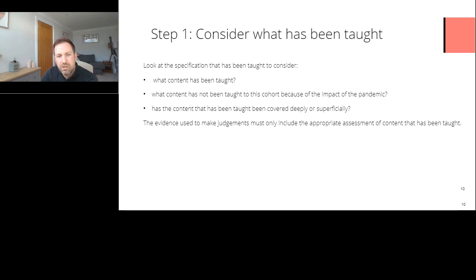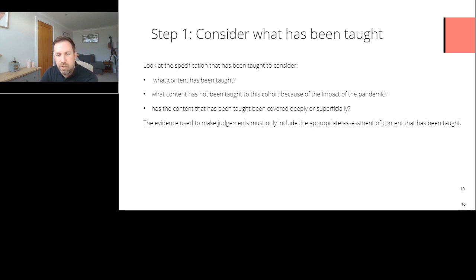Equally, how has the content been taught? Has it been covered deeply or potentially superficially? And again, it's really important to think that just because you've covered something, it doesn't necessarily mean that you've given sufficient time for students to take on board and fully understand that particular content or indeed that particular skill. So it's important to reflect on that and think about the depth in which you've been able to teach that content to your students.